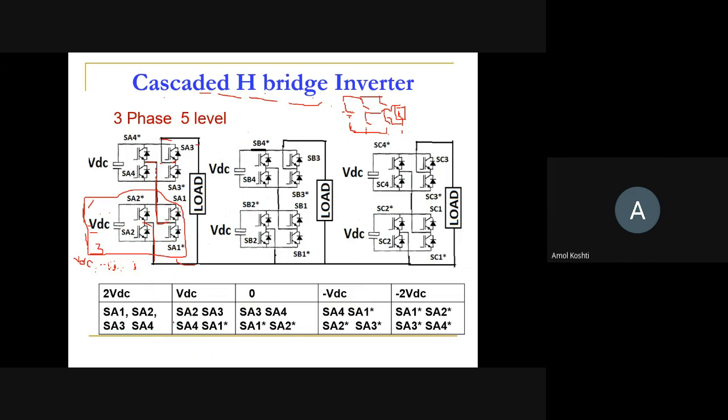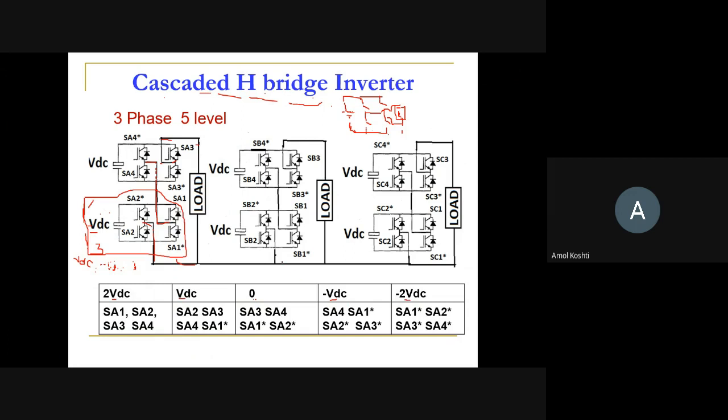Similarly, as we get 2 VDC and VDC, we can also get minus VDC and minus 2 VDC. So if you count, 2 VDC is 1, VDC is 2, 0 is 3, minus VDC is 4, and minus 2 VDC is 5.